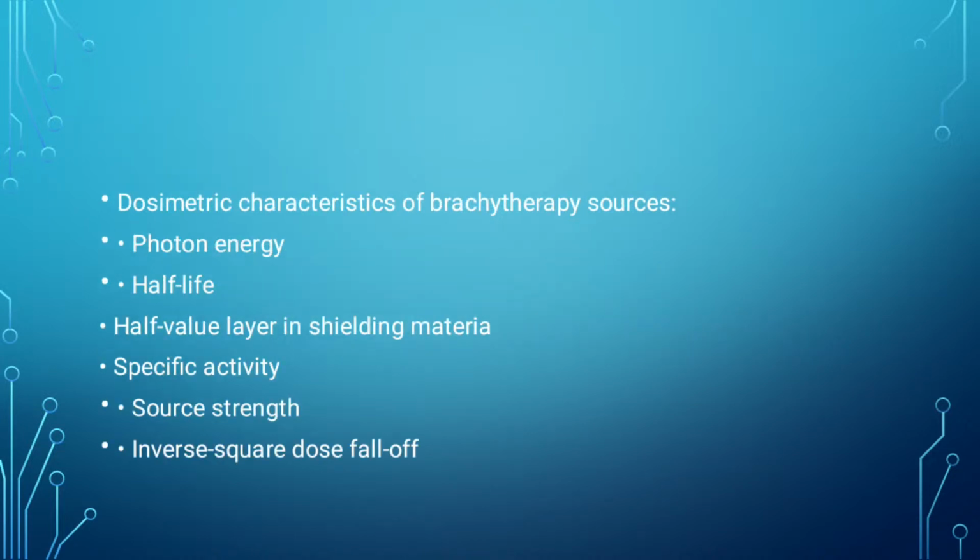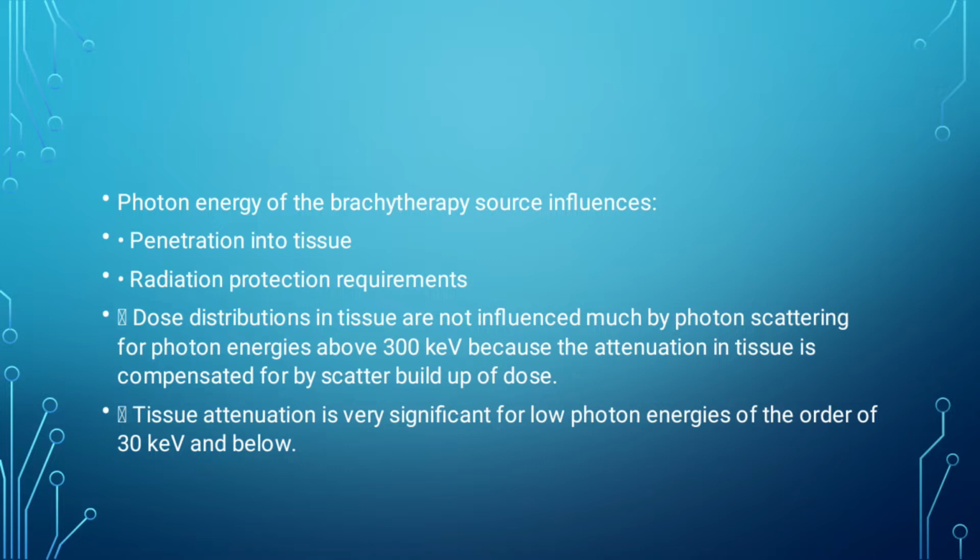Dosimetric characteristics of brachytherapy sources are photon energy, half-life, half-value layer in shielding material, specific activity, source strength, and inverse square dose falloff. Photon energy of a brachytherapy source influences penetration into tissue and radiation protection requirements.